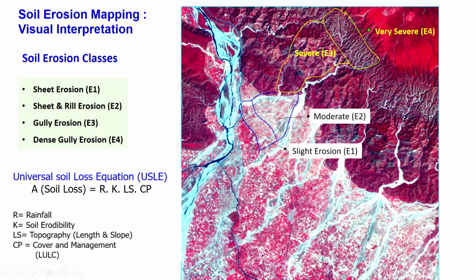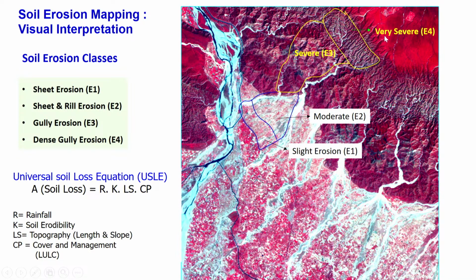Here you can see the pattern: white is there, but here it is more white, here less white. But here you are seeing irregular channels. They are like streams. These are basically gullies, gully formation. So you can see the gully formation very well on the satellite data, and you can interpret it.